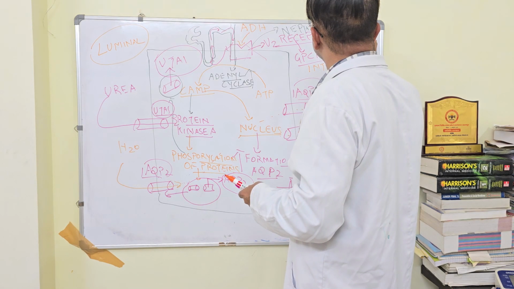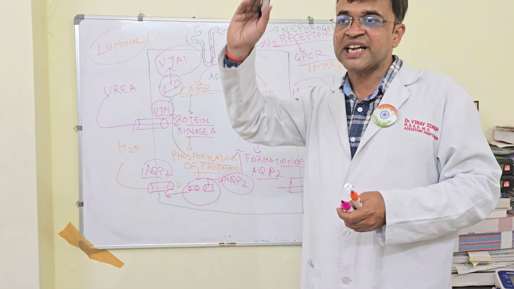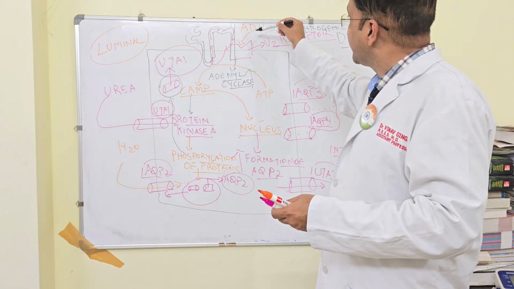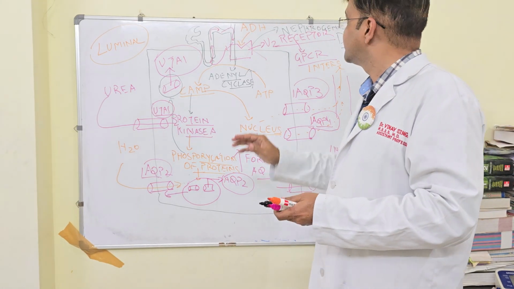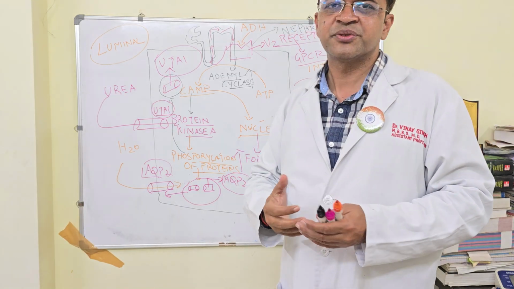I'll write DI. If ADH is deficient, we will call it central diabetes insipidus. But if ADH is not able to act on V2 receptors due to defective V2 receptors, we will call it nephrogenic diabetes insipidus. So this much in brief.